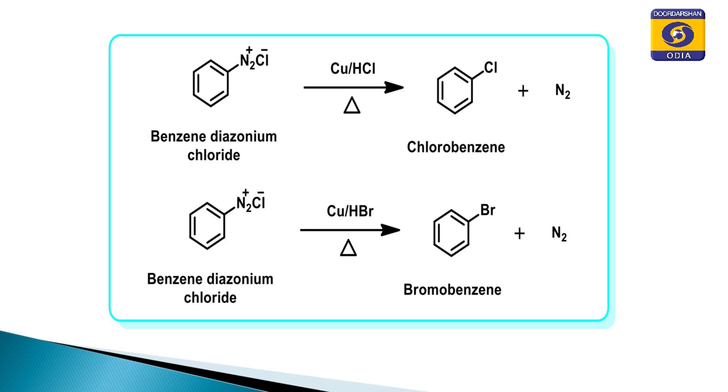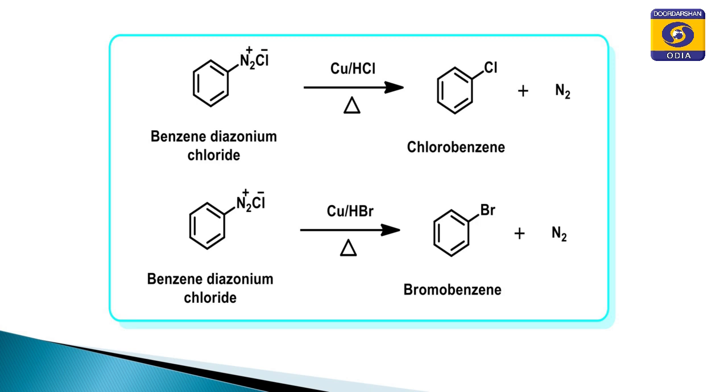So, the reactions are: benzene diazonium chloride treated with copper in the presence of HCl produces chlorobenzene, and by heating benzene diazonium chloride with copper powder in the presence of hydrogen bromide, it produces bromobenzene.